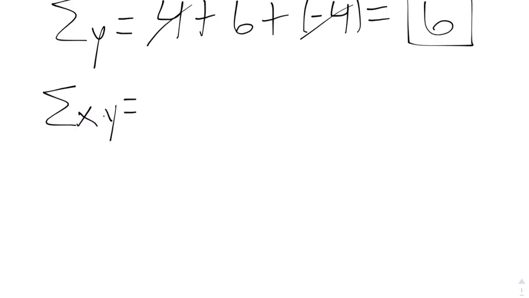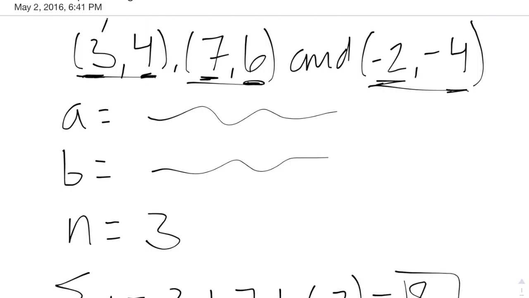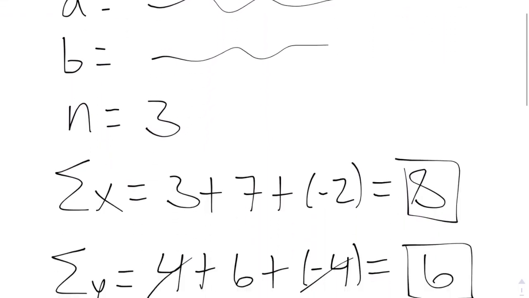Okay? So, let's go back to our numbers again. If this is x and this is y, we're just going to multiply each set of numbers. So it's 3 times 4 plus 7 times 6, plus negative 2 times negative 4. Okay?